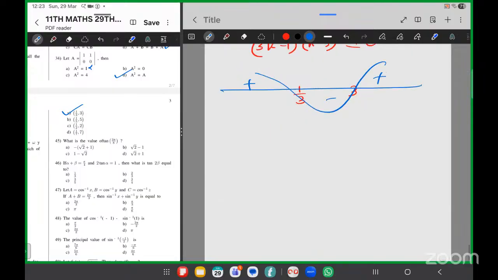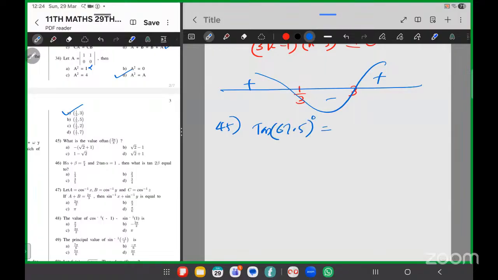Then question number 45. What is the value of tan 3 pi by 8? 3 pi by 8 means 67.5 degrees.